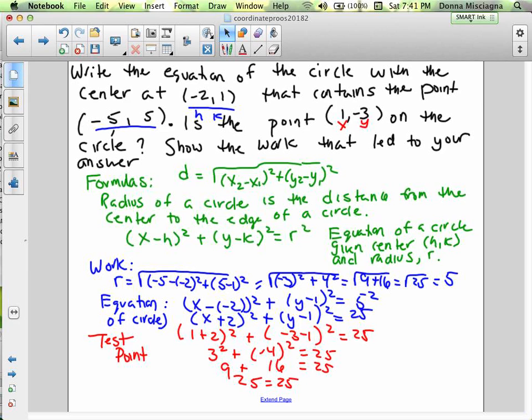And let's just justify our work, and then we're done with this particular problem.